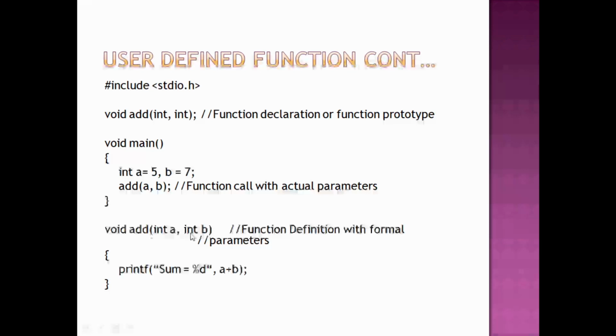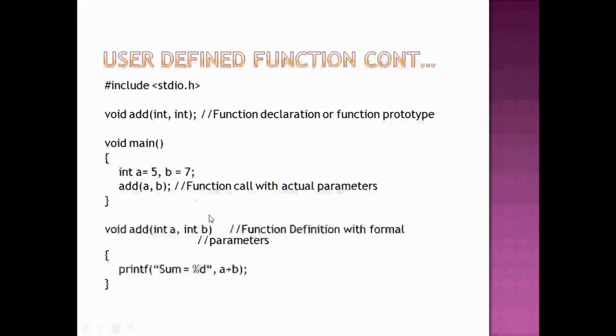We have again written void add int a comma int b. Whenever the call is made, a copy of both the values of a and b will be created, and that copy will be sent to these variables. So the copy of a will be sent to the a variable, and the copy of b will be sent to the b variable.